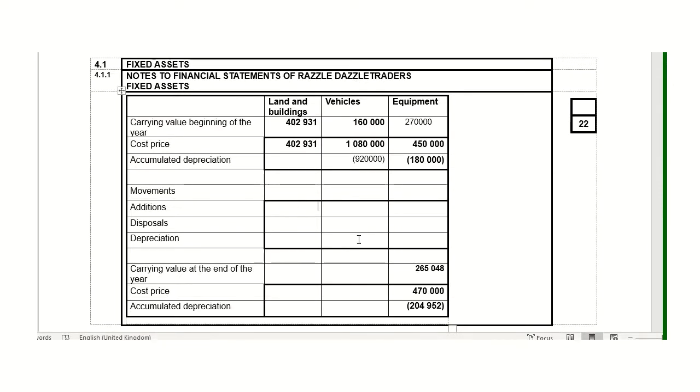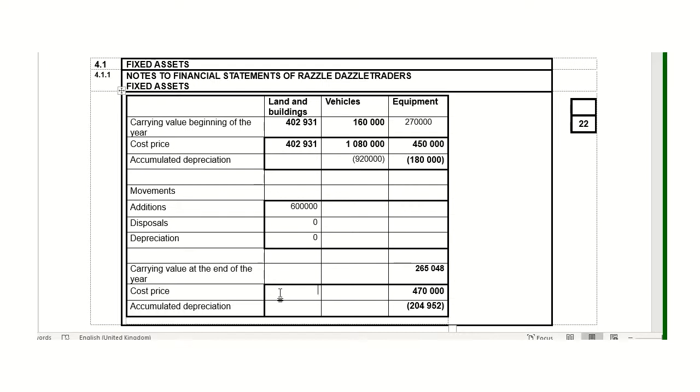There's additions, 600,000. They did not give me any information about anything sold, and depreciation will always be zero. Cost at the end would be the cost at the beginning plus any additions.